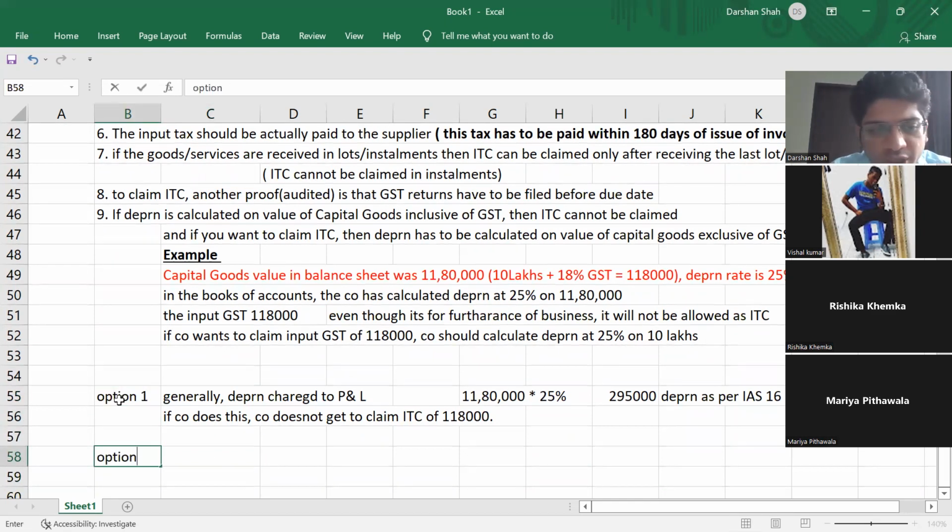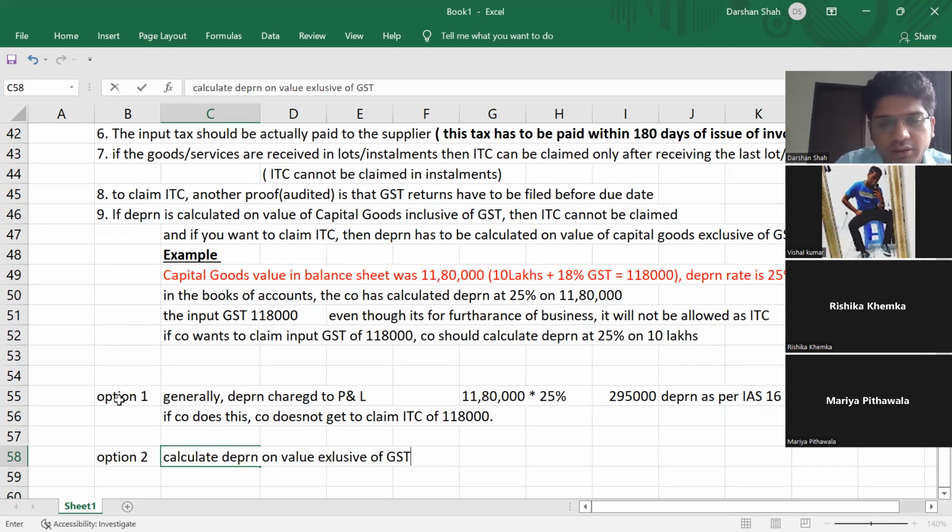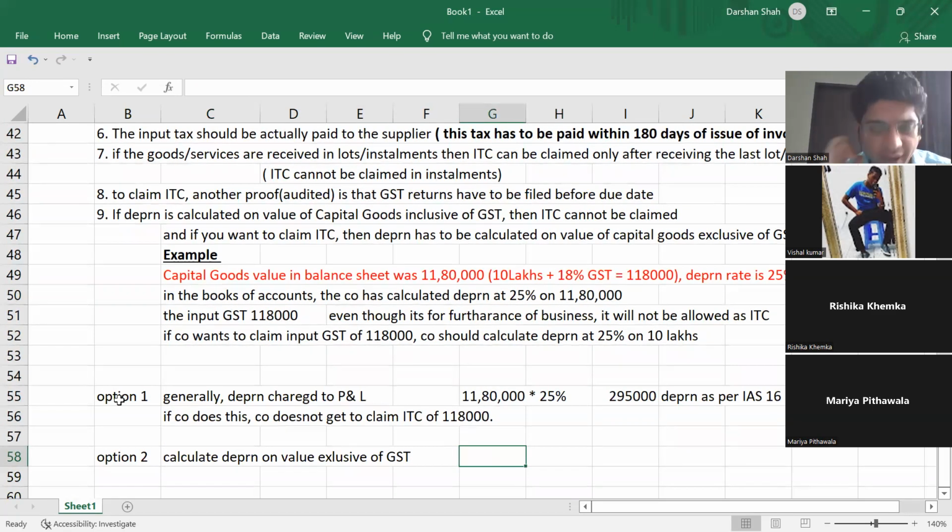Option two is what you can do. Calculate depreciation on value exclusive of GST. Exclude the GST value and calculate depreciation. So if I exclude GST value, what is the value of the goods now? 10 lakhs into 25%.